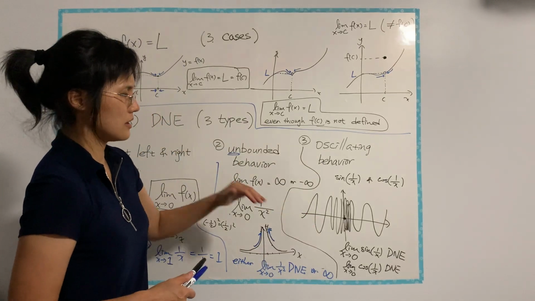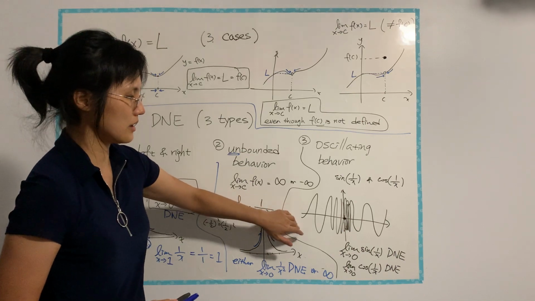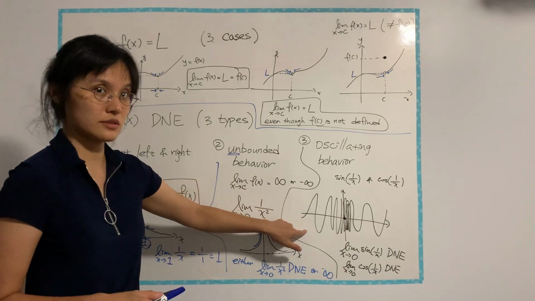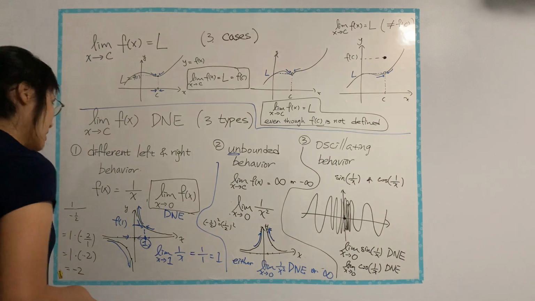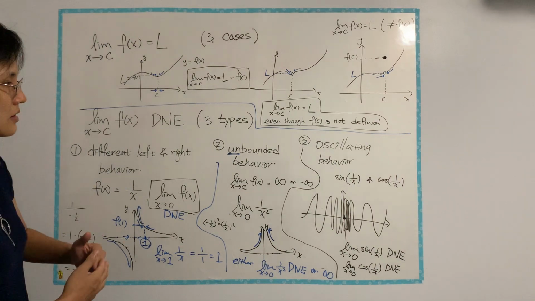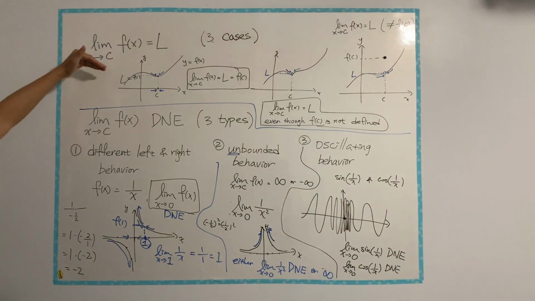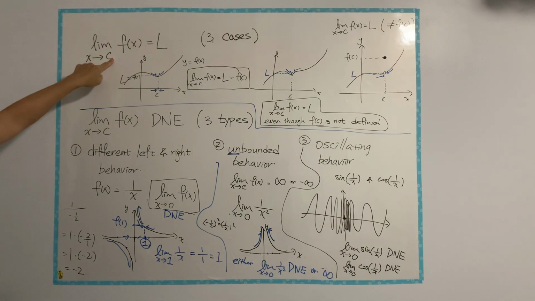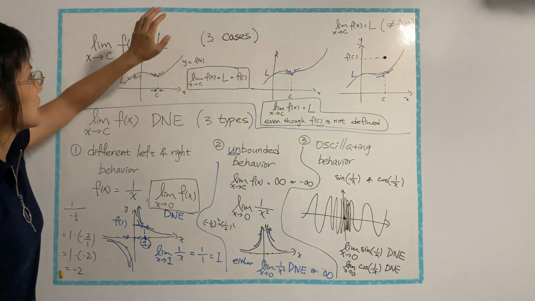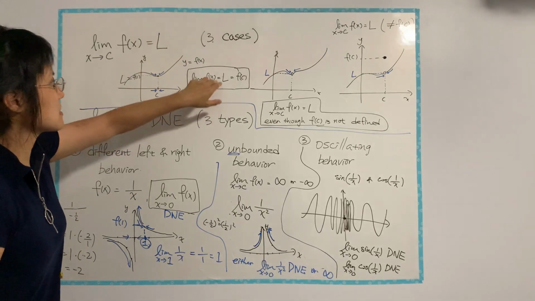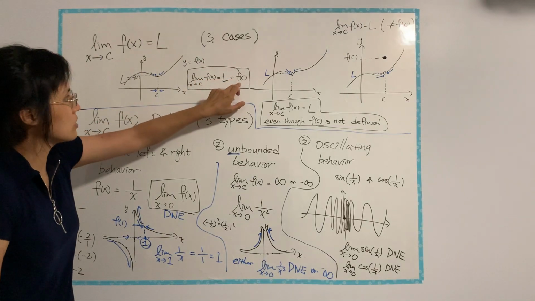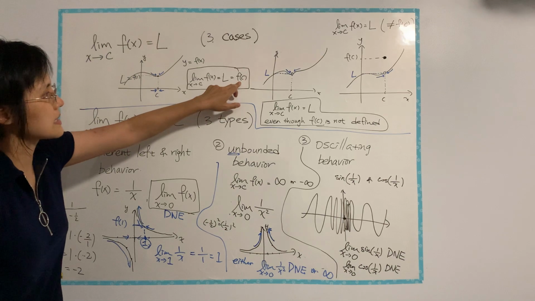And I think I'm going to use a computer to plot it out, so then you can see what happens. Okay, so a little recap. You see 3 situations where the limit of f as x approaches c exists. It could be the limit exists and the limiting value equals the function value at c.